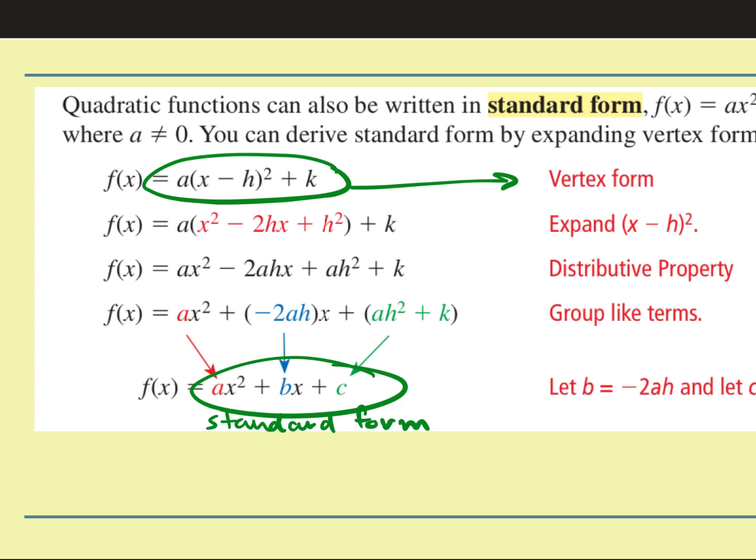You probably won't be asked to take it from vertex form and put it into standard form, but you could always FOIL the parentheses and then distribute. I think vertex form may be a little bit easier to graph just because we can clearly identify our vertex as the h and k. In standard form, we have to use our formula to find the vertex.